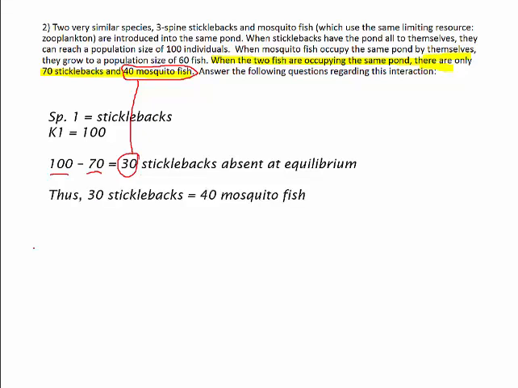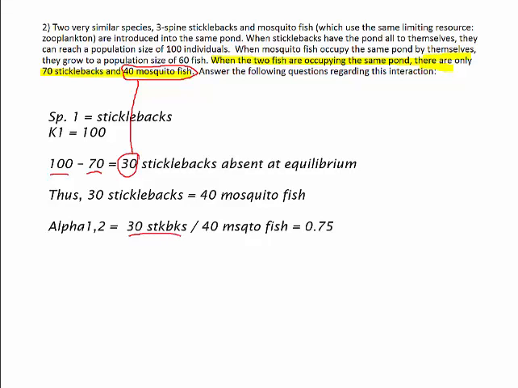Thus, continuing on with that logic, the impact of 30 sticklebacks is the equivalent of 40 mosquito fish. So now we're getting closer to figuring out what the competitive impact is of the mosquito fish on the sticklebacks. As you might have anticipated, the way we're going to figure this out is by the ratio of resources used by one fish to the other.